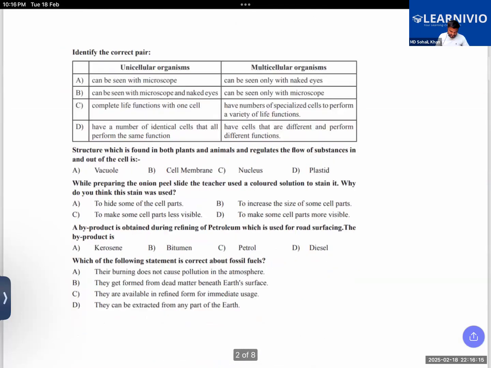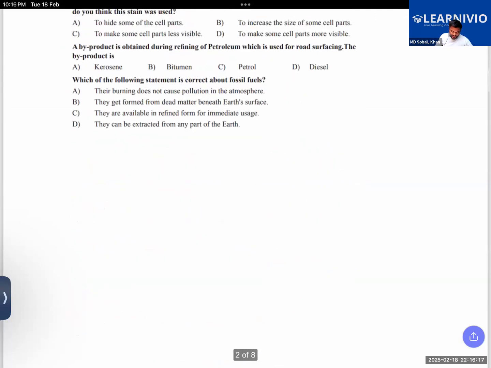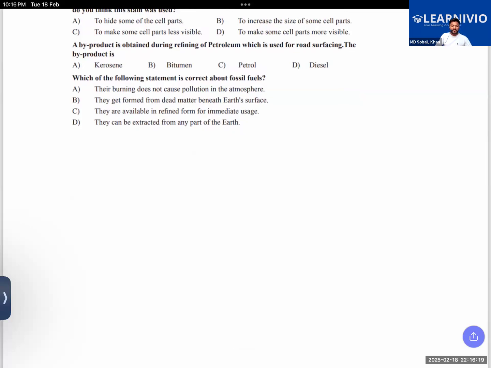Yeah, now you answer this question. Which of the following statements is correct about fossil fuels? Fossil fuels, like we have coal, petroleum, natural gas, these are the fossil fuels.